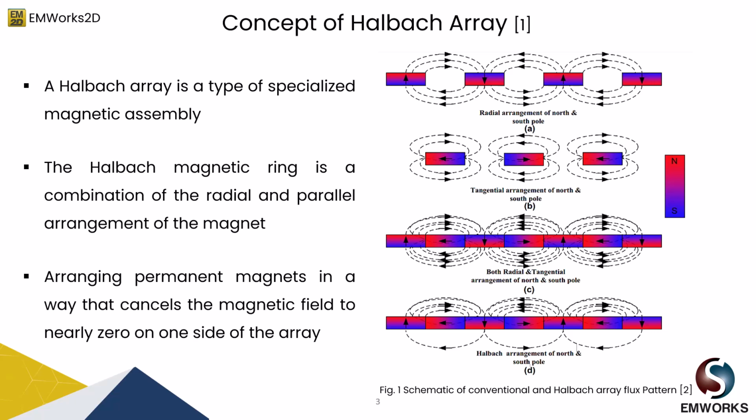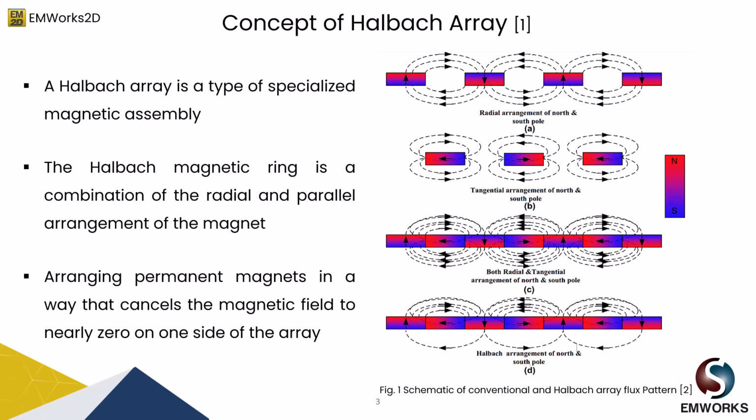Finally, the so-called Halbach magnet was formed. A Halbach array is nothing but a type of specialized magnetic assembly. The Halbach magnetic ring is a combination of radial and parallel arrangement of the magnet.